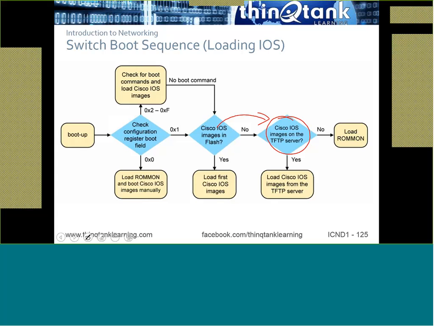If I can't find an image in flash and I can't find an image in TFTP, I go into recovery mode, which is called ROMMON. ROMMON is a read-only memory monitor, or what we call ROMMON. Basically, it's not a good position to be in. That means that the device is not functional. But in ROMMON mode, at least you can perform some recovery functions to try to fix that device.